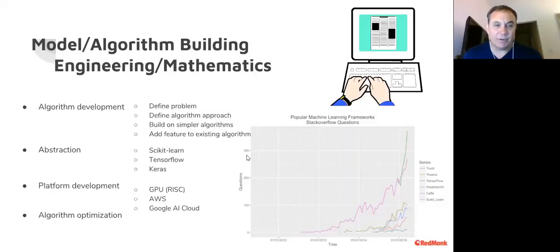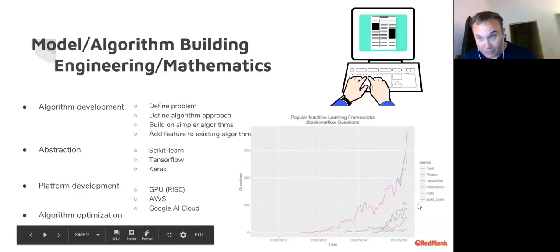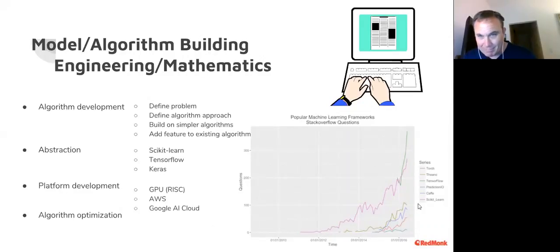We will go through all of these as we get further in a couple of weeks, because on a day-to-day basis, that's how you're going to be applying your models, through these different abstractions. And as you can see, there are more than just those three. I don't know if they're the most popular, but they are definitely becoming popular. As you can see, TensorFlow is new and it just took off.